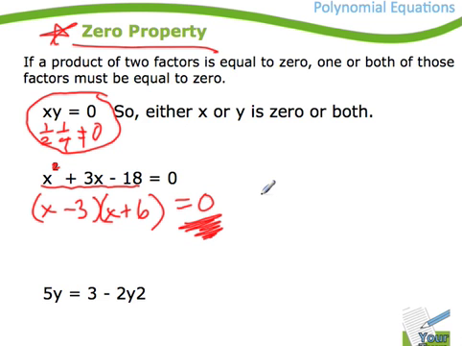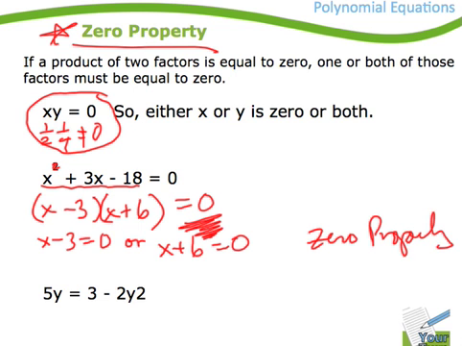So in this case, I'm going to say x minus 3 is equal to 0, or x plus 6 is equal to 0. And this is according to the zero property. That's what the zero property says. Now I've got two little linear equations, now I can solve them. So x is equal to 3, or x is equal to negative 6.